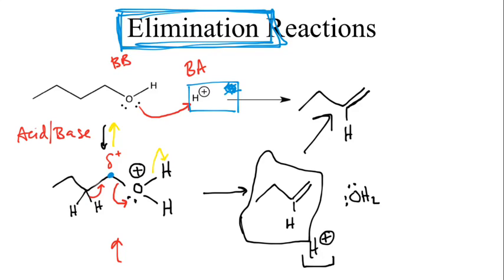When we go through and do our elimination reactions, they will still require that acid-base initiation to get the alcohol active enough to react. After that, we can start to move through our elimination mechanism. So we really just went through two steps here. We had our acid base, and then we had our second step over here, which was which type of reaction?